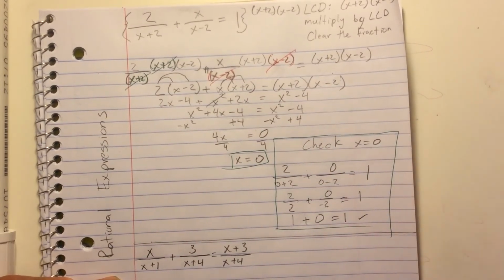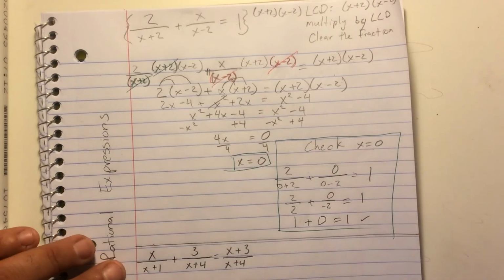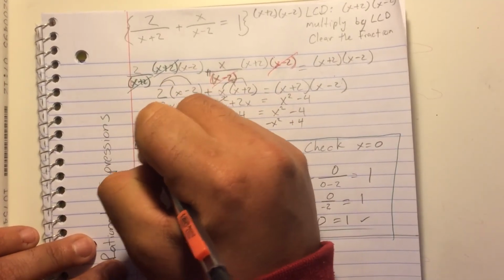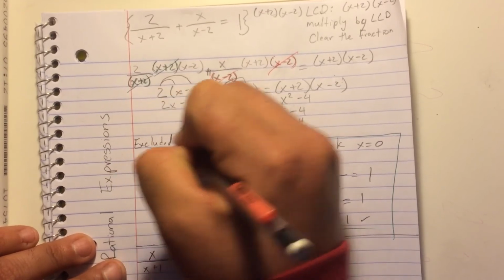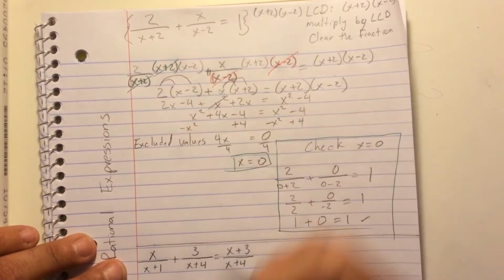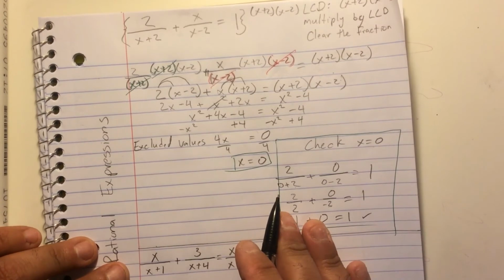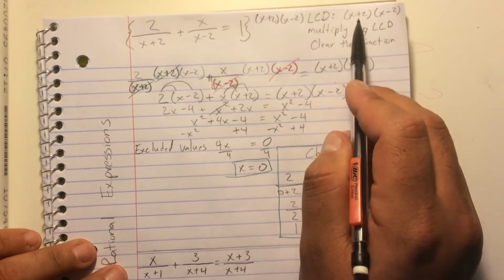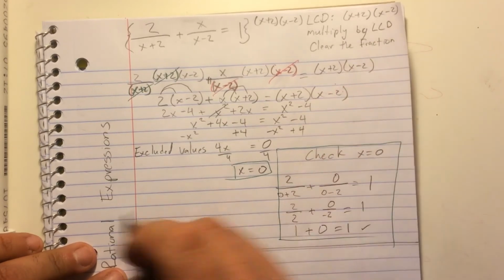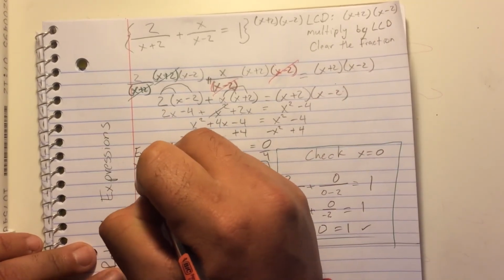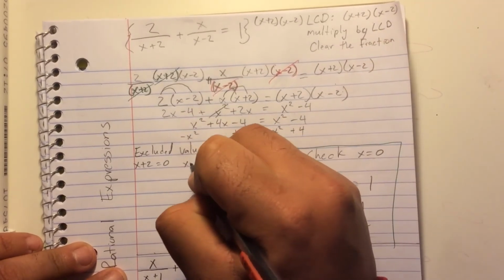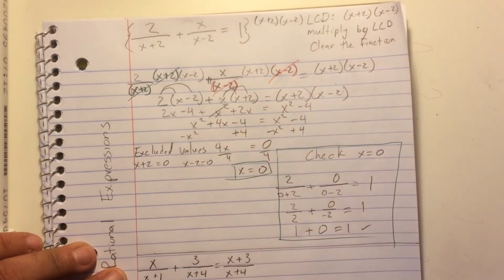Now we have to check for extraneous or excluded values to see if we have any extraneous solutions. Remember, for the excluded values we use the lowest common denominator. So we take x plus 2 and set it equal to 0, and we also take x minus 2 and set it equal to 0.